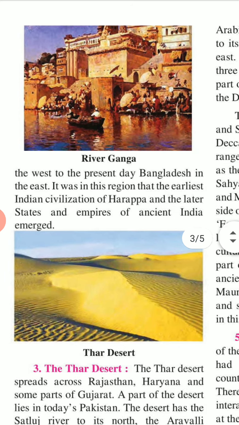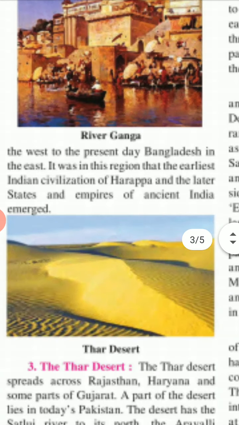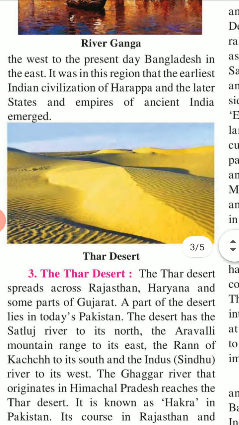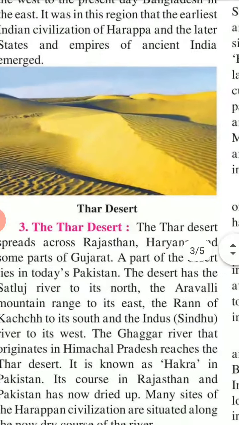You can see the River Ganga in this picture. It was in this region that the earliest Indian civilization of Harappa and later the states and empires of ancient India emerged.